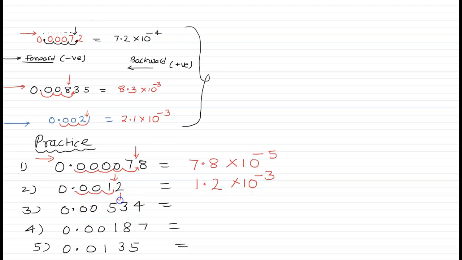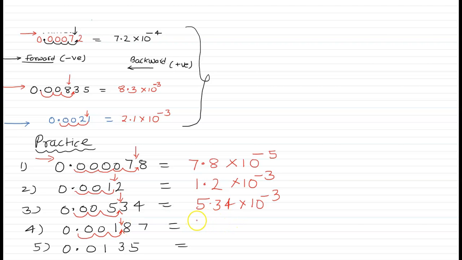Here the first non-zero number is this. So count 1, 2 and 3. So it will be 5.34 into 10 to the power minus 3. Here 1, 2 and 3. The non-zero number is here.